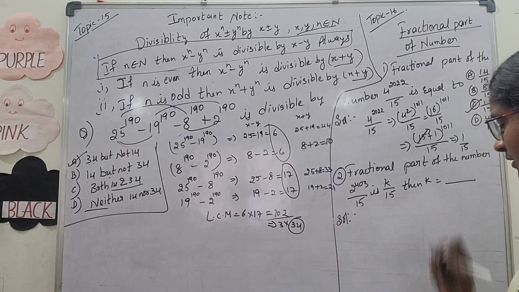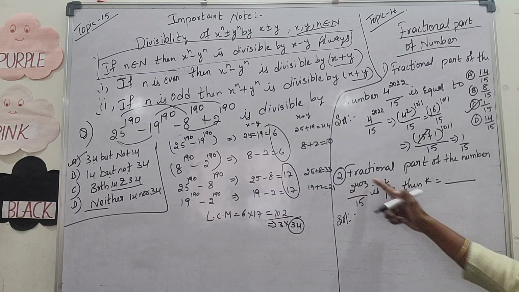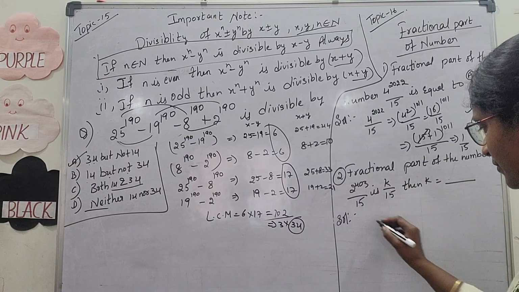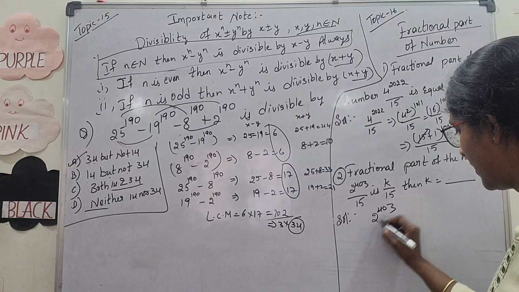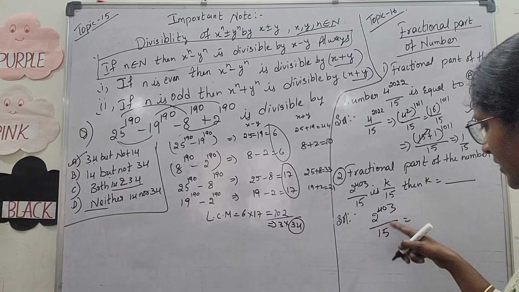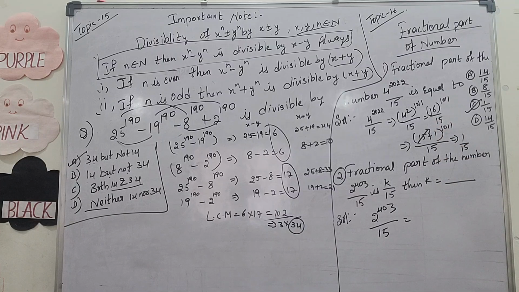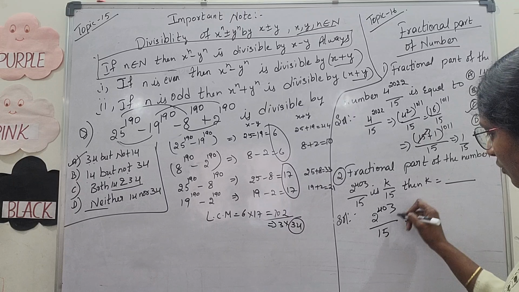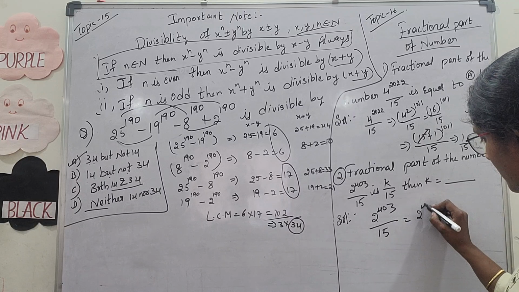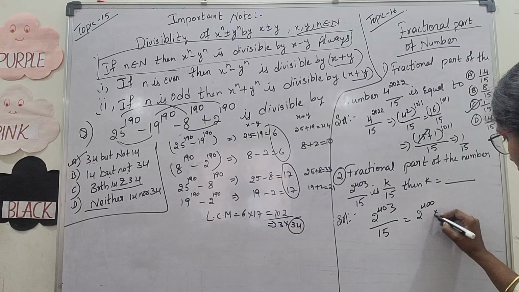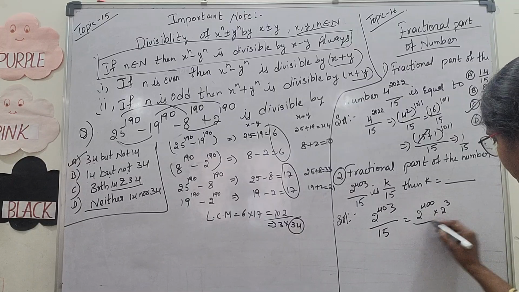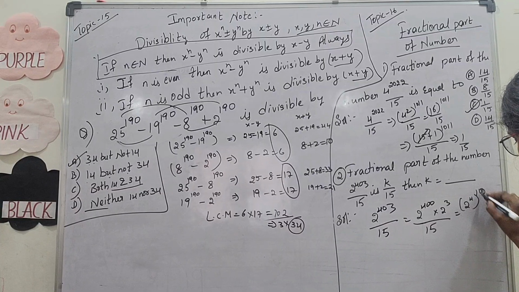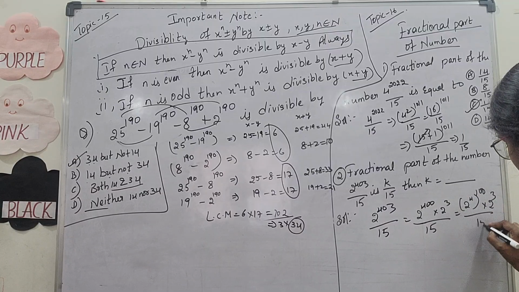The next question is here, they gave this is equal to k by 15. So what is the value of k? The same thing you are going to do. 2 power 403 by 15. So 16 you can take, 2 power 4. We need a 4, right? So in 2 power 403, if I separate it, then this is 2 power 4 whole power 100 into 2 power 3 by 15.